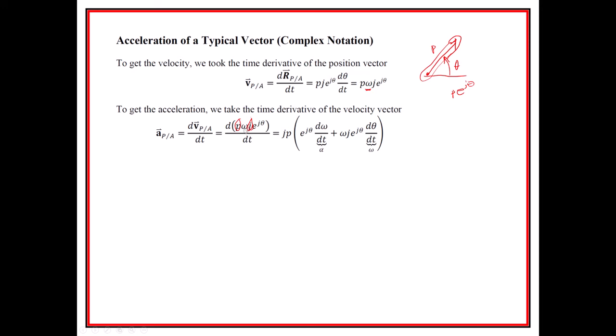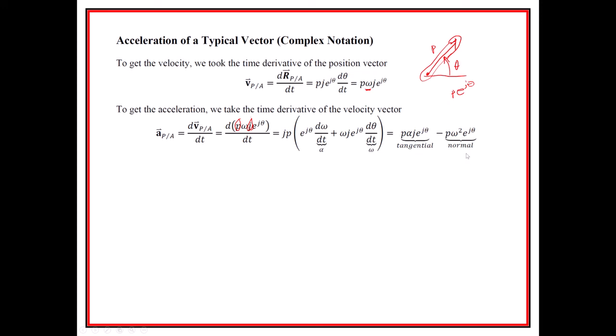It's a product rule, so we take the derivative of omega with respect to time, which is going to be alpha, and then we do the other part of it: we take the omega, and we get a j that also drops out after we take the time derivative of e to the j theta again, and we notice that the d theta dt that drops out is also an omega. We also multiply that jp back by it again, and having that j squared turns into a negative sign.